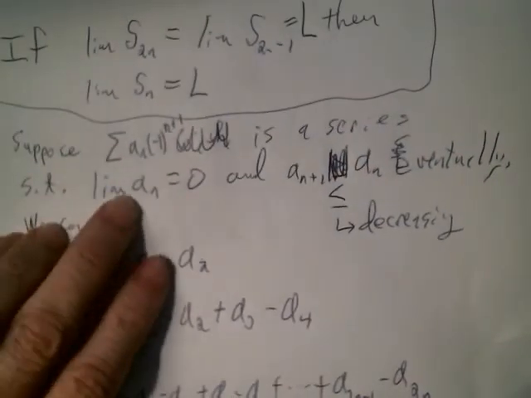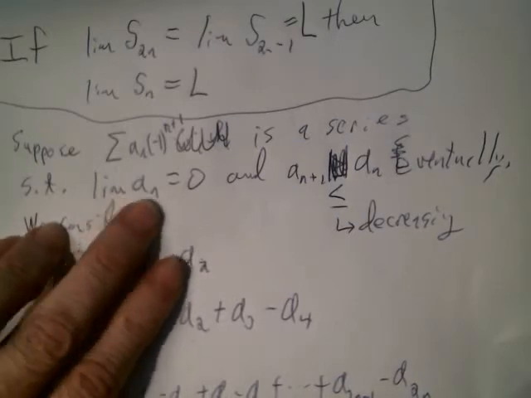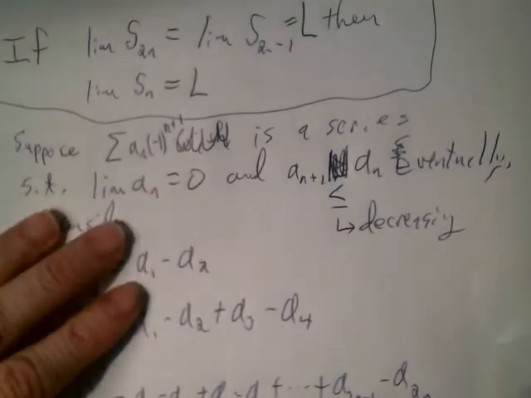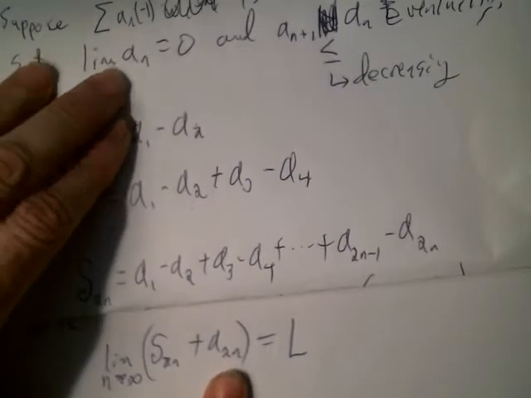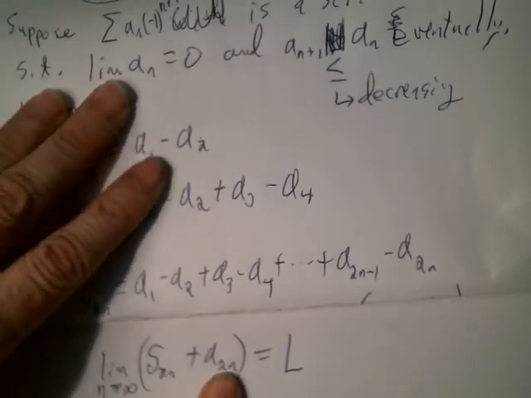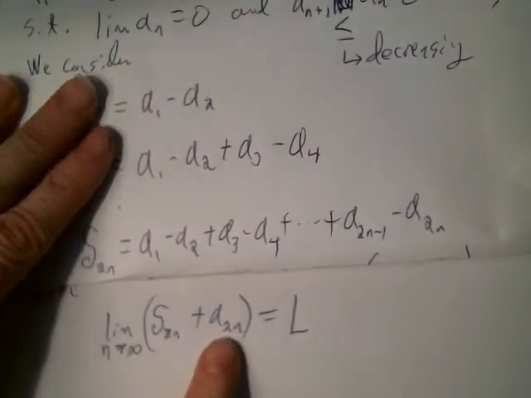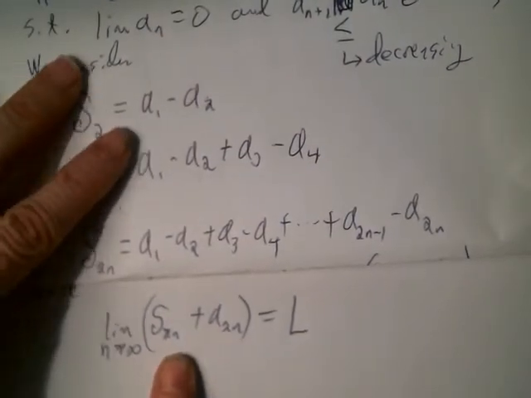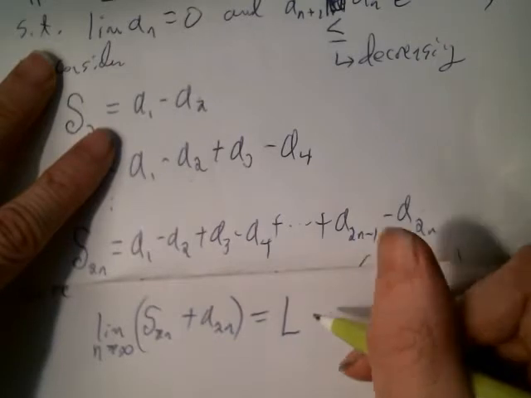I supposed that these a sub n go to 0. A sub 2n is just an a sub n, just farther out. So if this is going to 0, then certainly this will go to 0. So the limit of this will be 0, and you just get L.